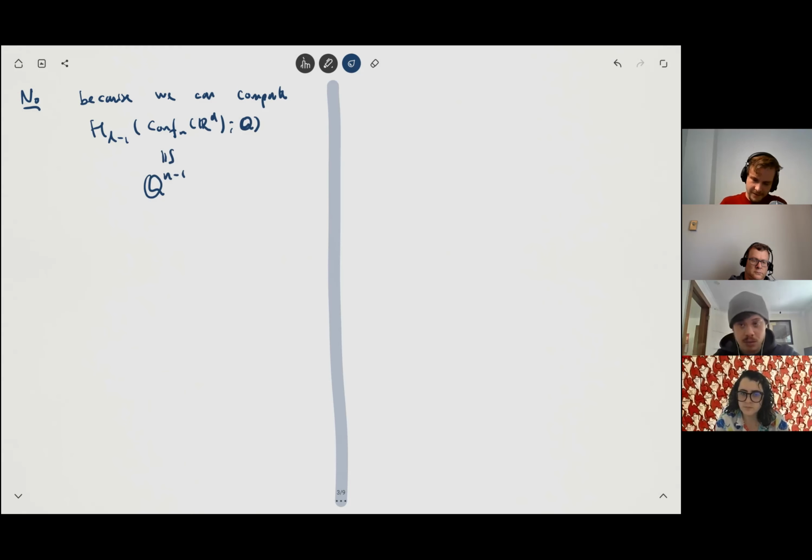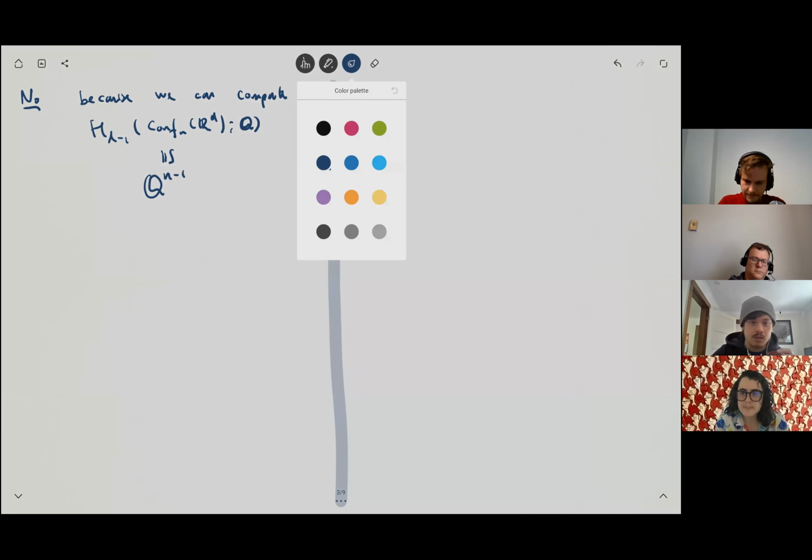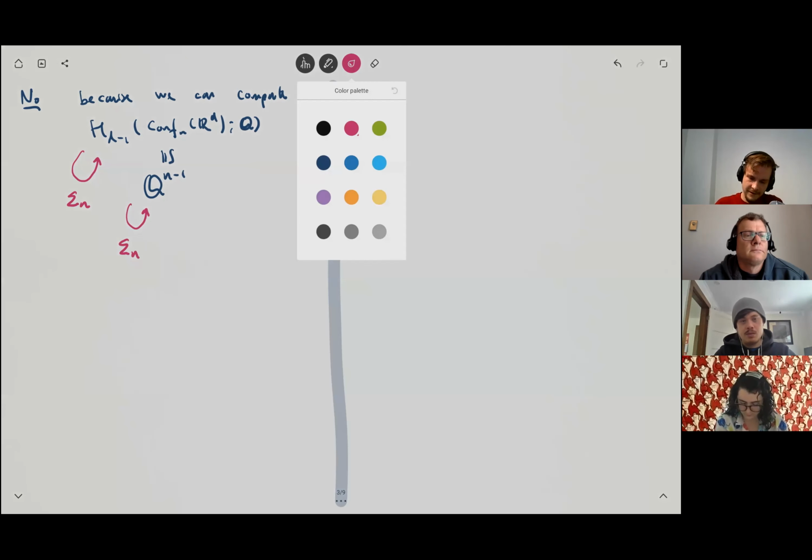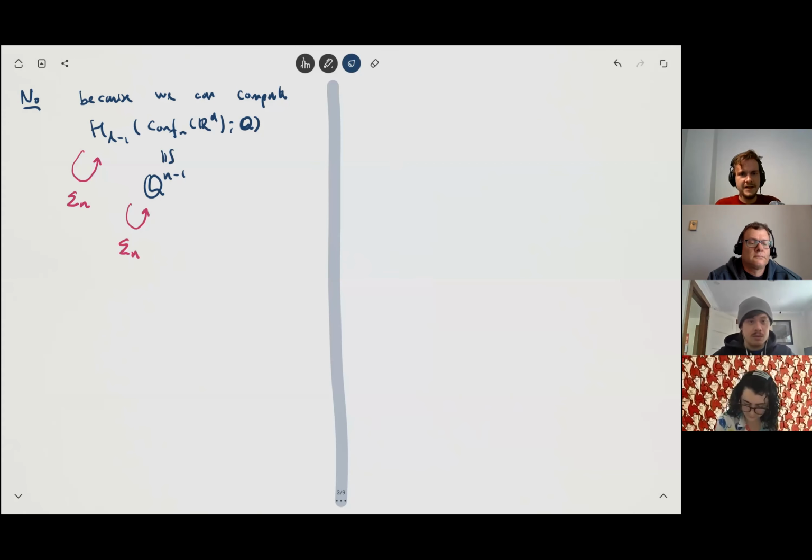Now, to understand better what's going on, it's helpful to remember that the symmetric group acts on this homology group because it acts on the space, right? That's how we constructed the configuration space of unordered particles. So it acts on this vector space, and it's probably helpful to try and understand what it is as a representation of the symmetric group.